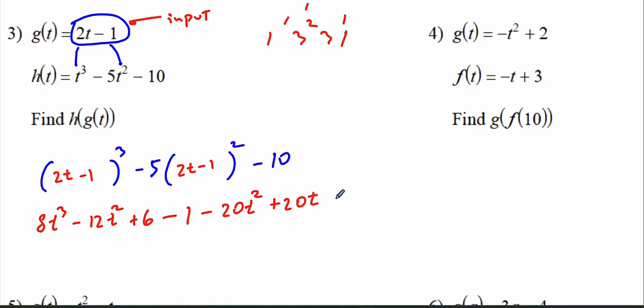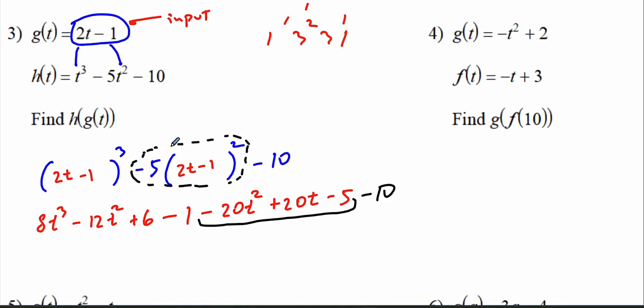And followed by minus 5. And then at the end, followed by minus 10 from here. So this right here is the expansion of this. That's this part. And all of this is the expansion of this.